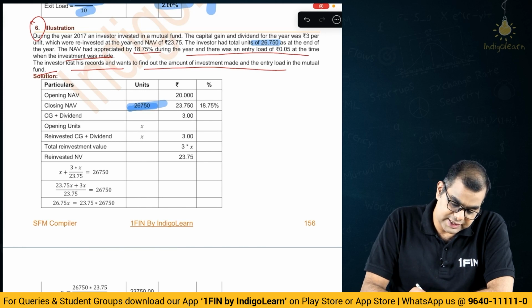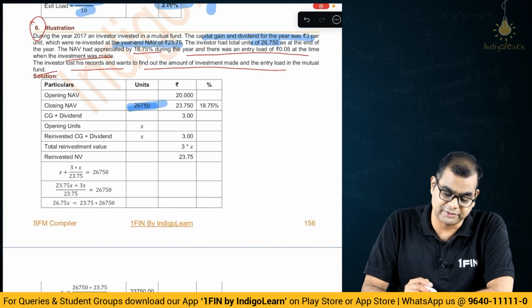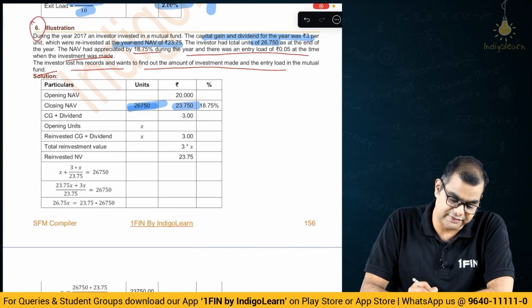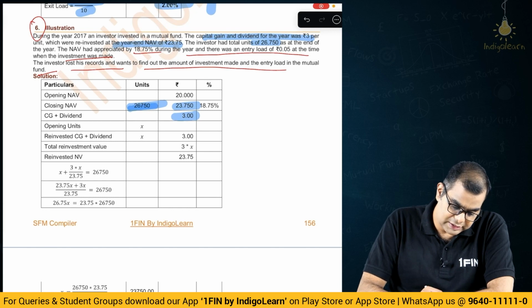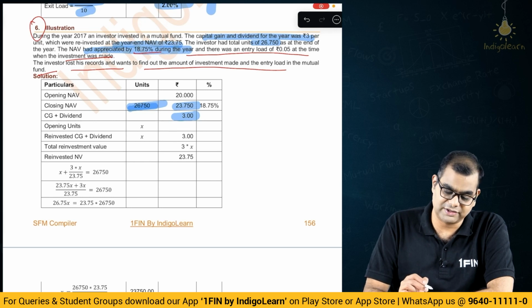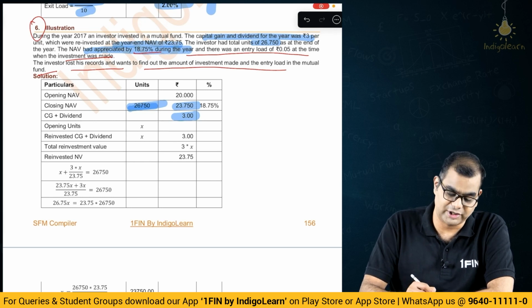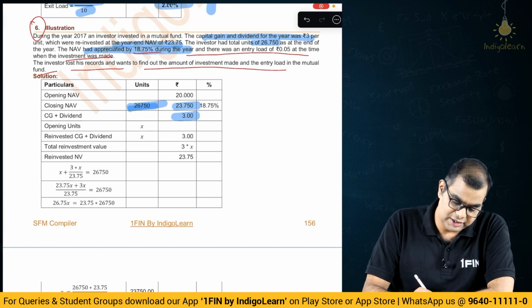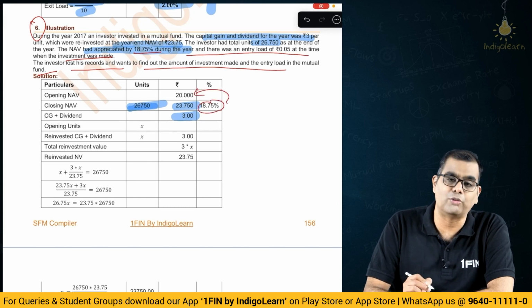Then, they said the capital gain in dividend for the year was 3, which was reinvested at year-end NAV of 23.75. So, closing NAV is 23.75, capital gain in dividend is 3 rupees. Then the NAV had appreciated by 18.75% during the year. So, original value plus 18.75% is equal to 23.75. You can work backwards and use this to arrive at the opening NAV of 20.